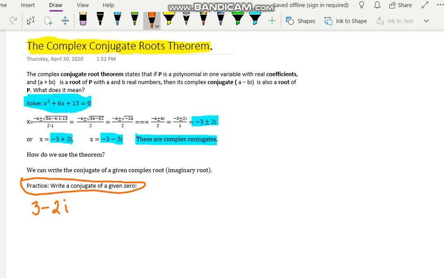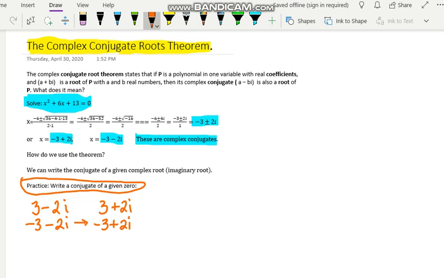What is the conjugate to this root? It has to be 3 plus 2i. Let's say I have -3 minus 2i. So what is the conjugate to this root? -3 plus 2i.